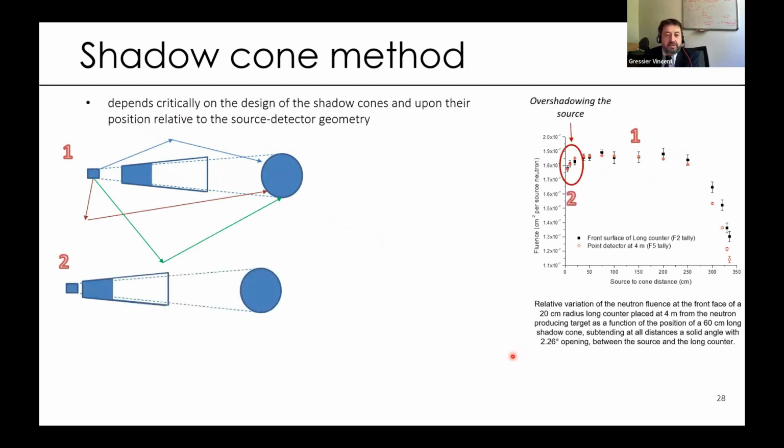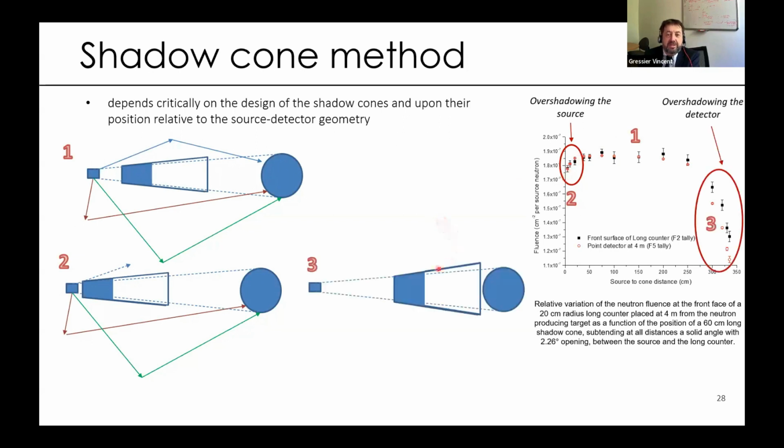But if you place your shadow cone too close to the source, what happens? This kind of scattered neutrons, no problem, but you will cut part of those which could have impacted your detector afterwards. So you will reduce the number of scattered neutrons you detect.